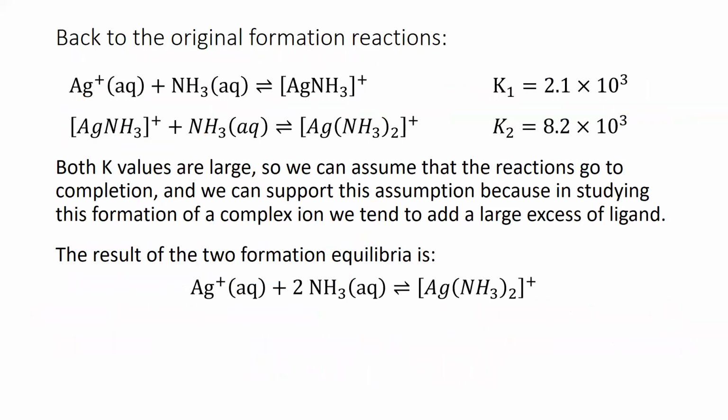Now, we're going to get back to sort of the original format and start to see how this particular type of equilibrium works. So we go back to our original reaction again. This occurs in steps. So if you add two equivalents of the ammonia, the first one's going to add to all of the silver ions, and the second one will add after we add that second equivalent.